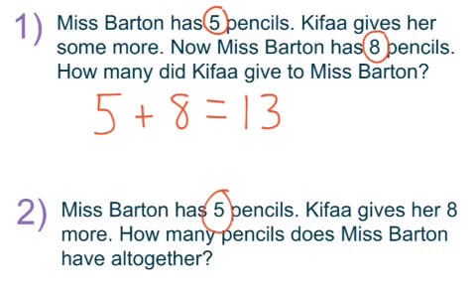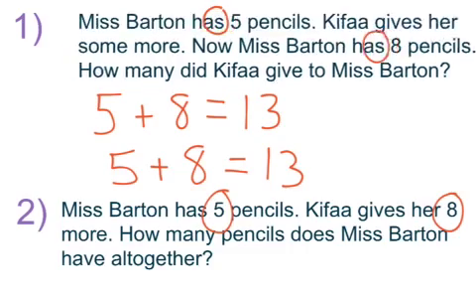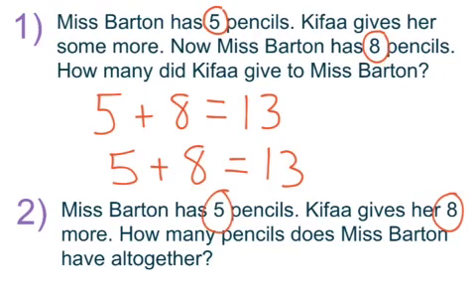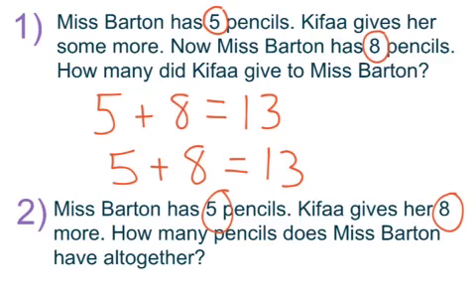They see the number 5 and the number 8, and they would say 5 plus 8 equals 13. While 5 plus 8 does equal 13, story problem number 1 and story problem number 2 are very, very different.